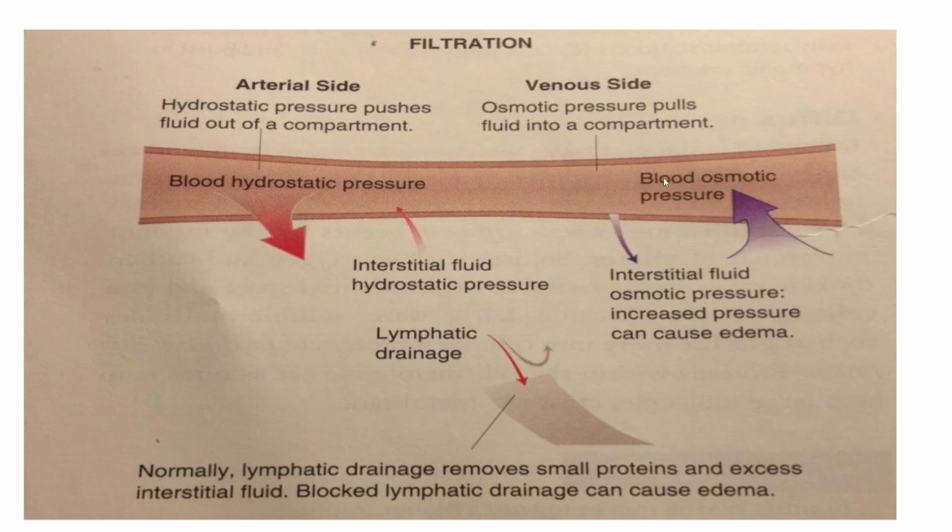Now what we have discussed is demonstrated in an image as such. When the blood moves at the arterial end, the arterial side, hydrostatic pressure pushes the fluid out, and at the venous end of the capillary, the fluid moves in.